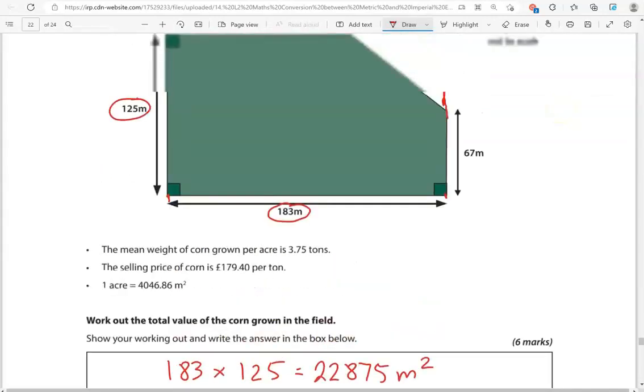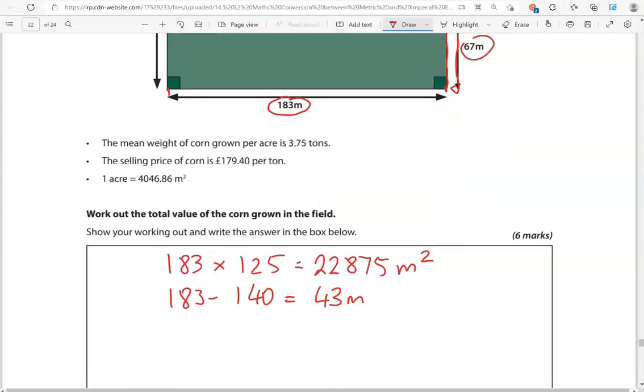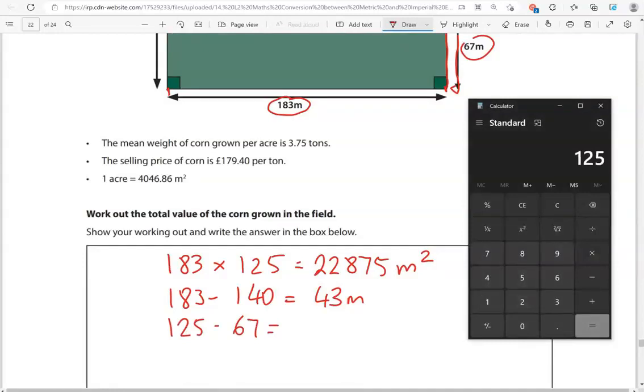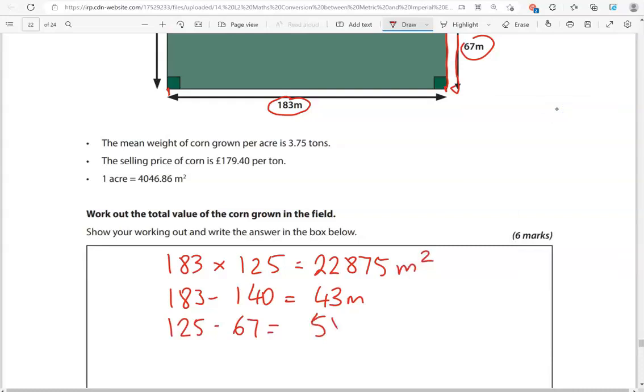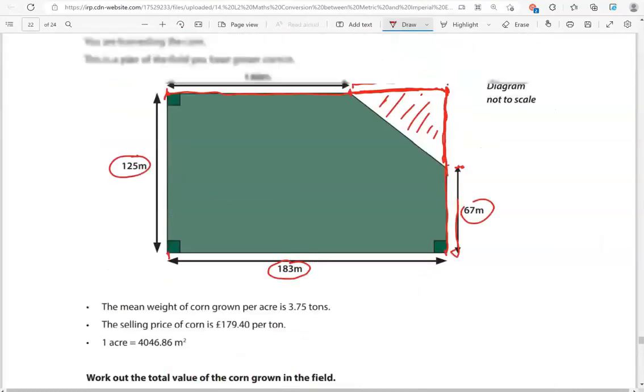meters, and here we'll do 125 take away 67, which is 58 meters. So we've got the dimensions now.